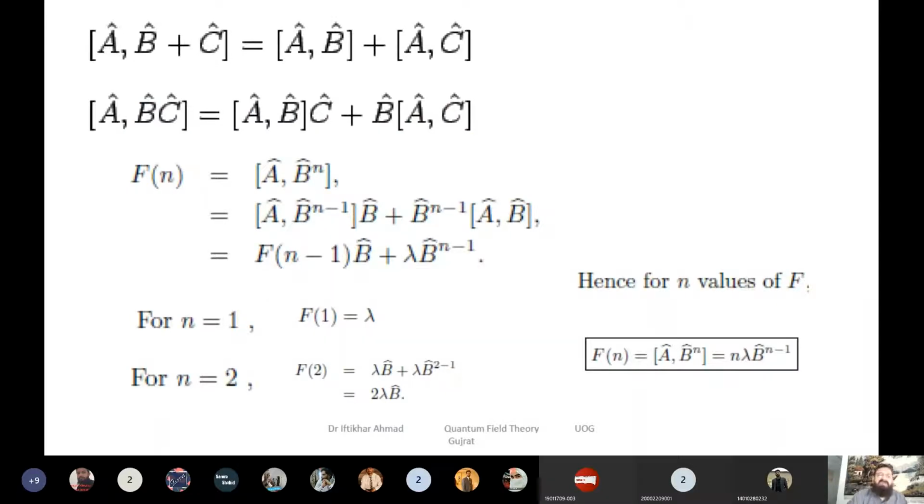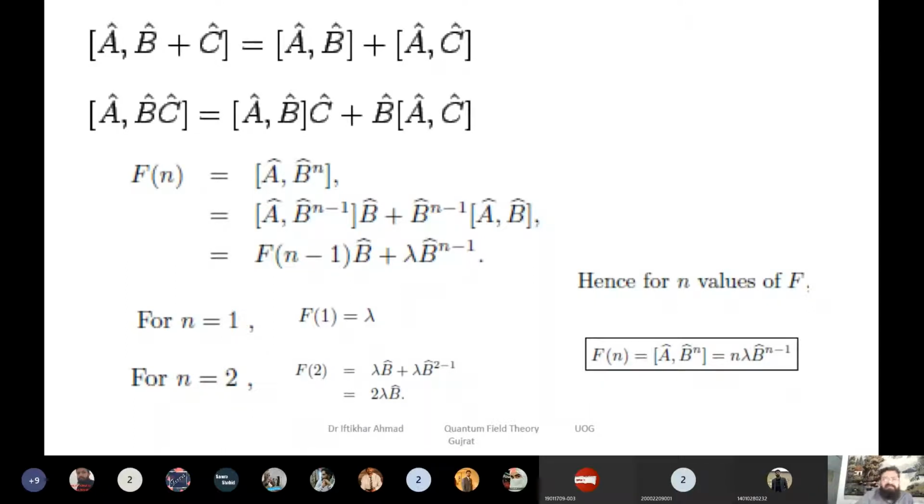So f of n is equal to the commutator [A, B^n]. Because B^n means B1, B2, B3 and so on up to Bn. It means there are n terms of the operator multiplied n times. If B2, it means B into B; B3 means B multiplied 3 times. So n means multiplied n times.